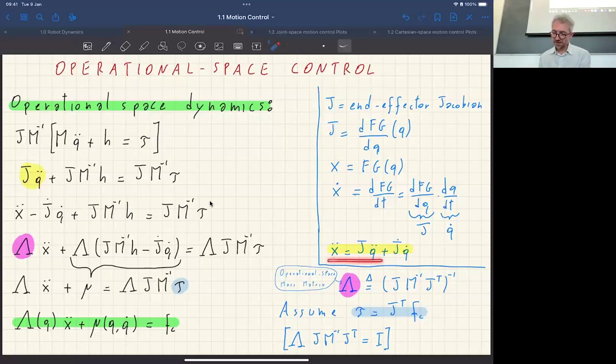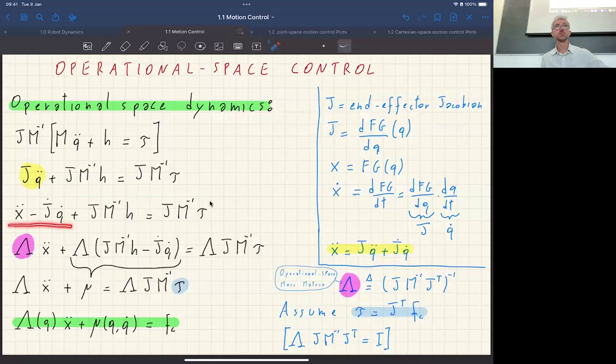So now we have an expression that tells me the relationship between the accelerations in joint space and in Cartesian space. And I can use this expression here because I have J q double dot here. From that expression, I know that J q double dot is actually x double dot minus J dot q dot.